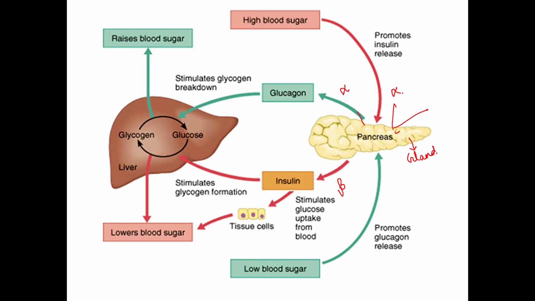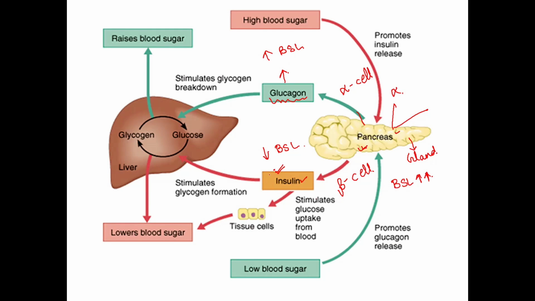Alpha cells always make the hormone called glucagon, while beta cells make insulin. Insulin works to decrease the blood sugar level, whereas glucagon's function is antagonistic to insulin, so it always increases the blood sugar level. So what happens if someone's blood sugar level is very high, above 90 mg per deciliter? The pancreas makes insulin.